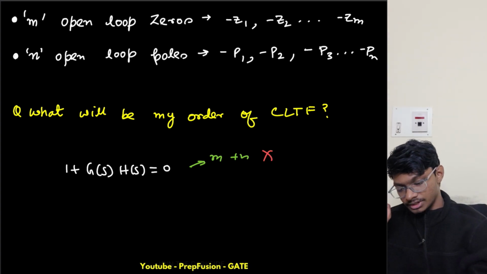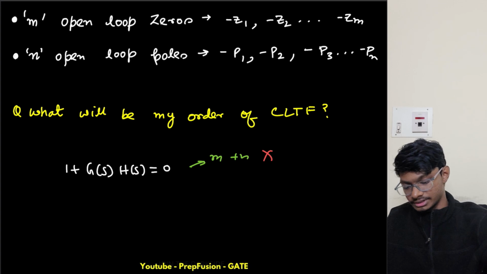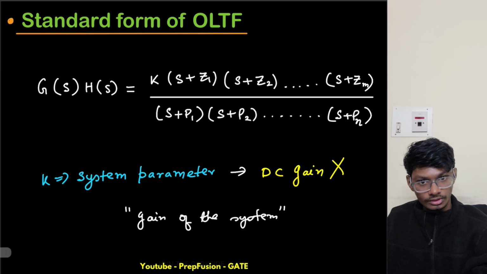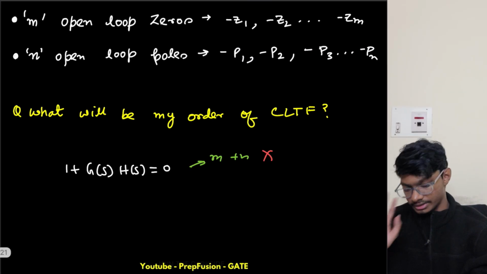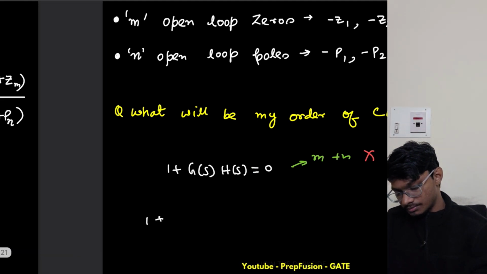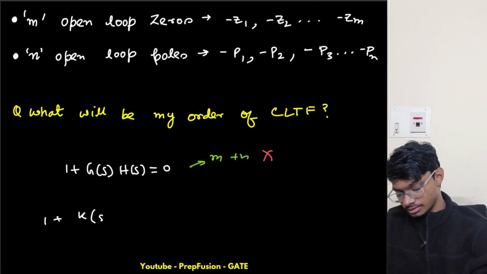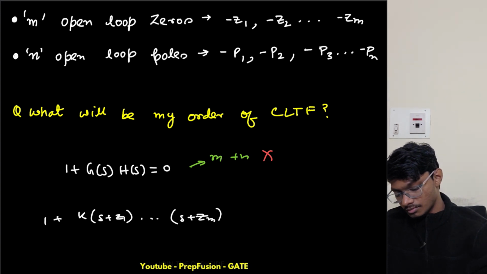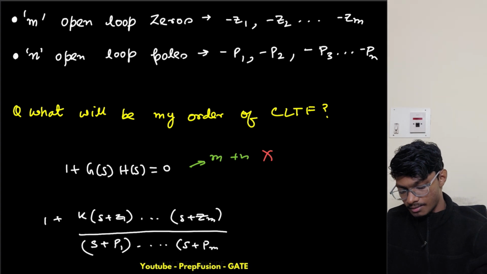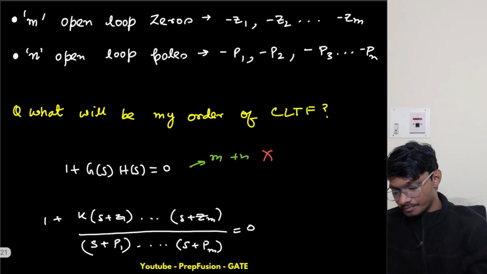Why? Let me write this equation, then you will also understand what is happening here. This is my G into H of s, right? So if I write this equation, this is 1 plus, let's say, K into (s plus z1) and so on until (s plus zm), over (s plus p1) and so on until (s plus pn), equals 0.